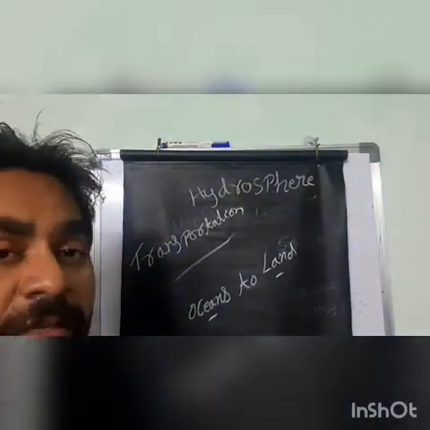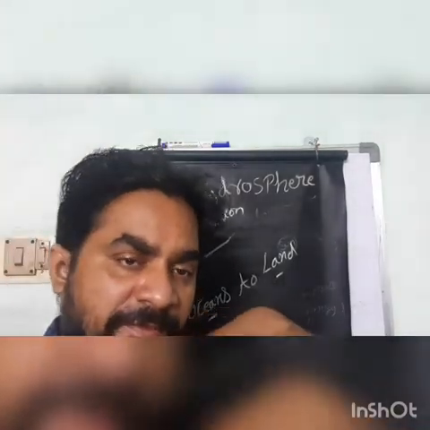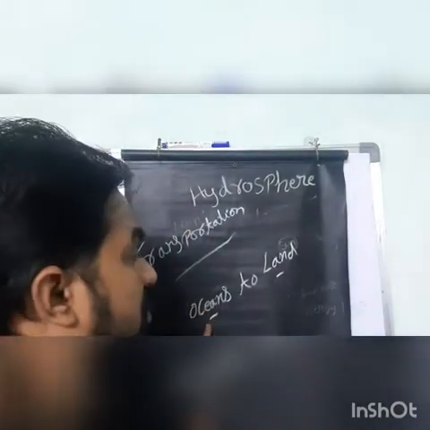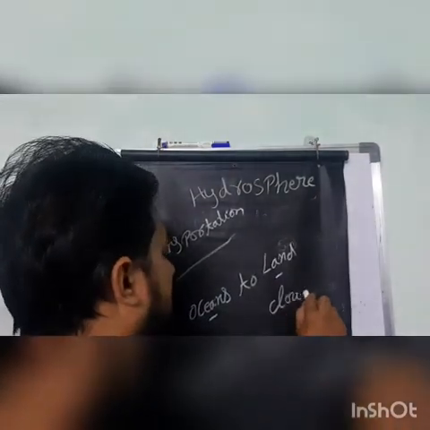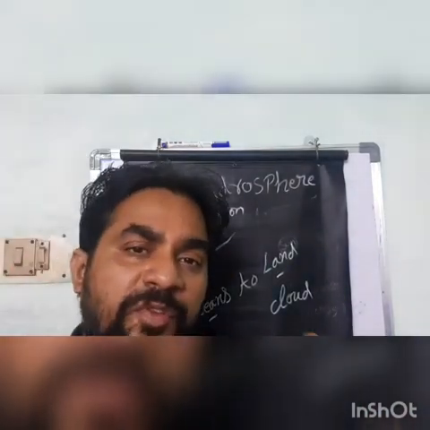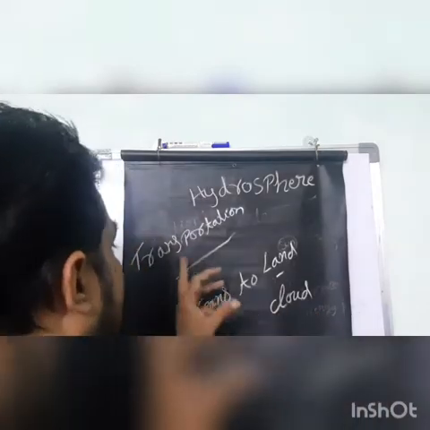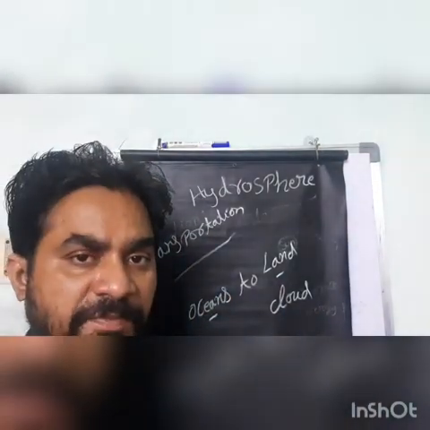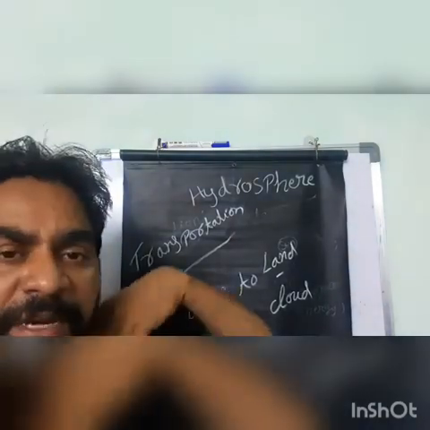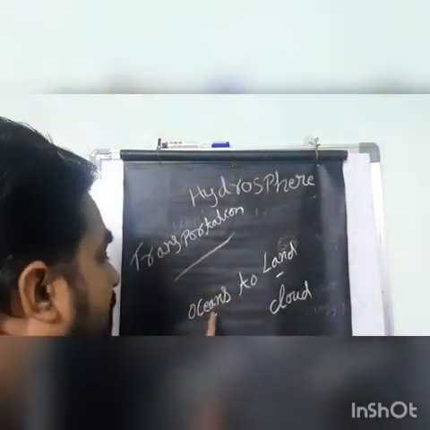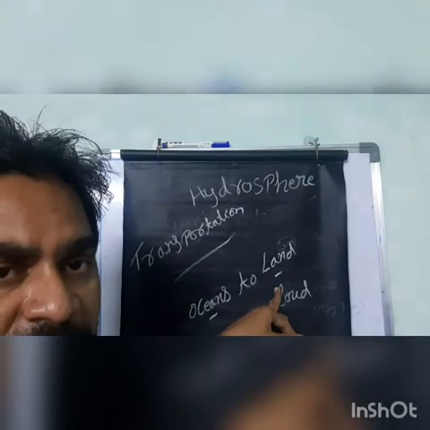So the movement of water from the oceans to land in the form of clouds is called transportation. So the formation of clouds is called transportation. Clear? Transportation means the movement of water from the oceans to the land.